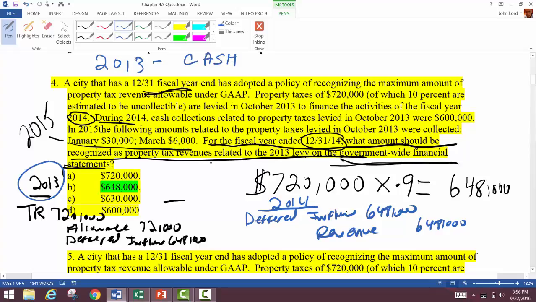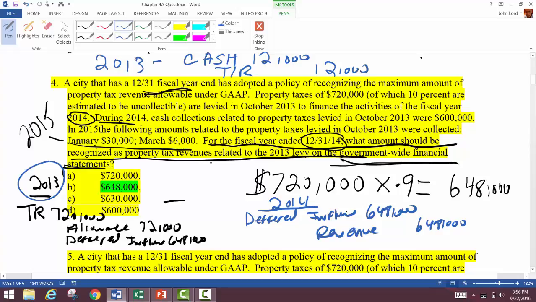Let's say they send me 12,000. I'm just making that number up. Okay, what do you want me to credit? Taxes receivable. What do you credit when you get money that you set up a receivable for, right? In 2013 when someone sends me money?